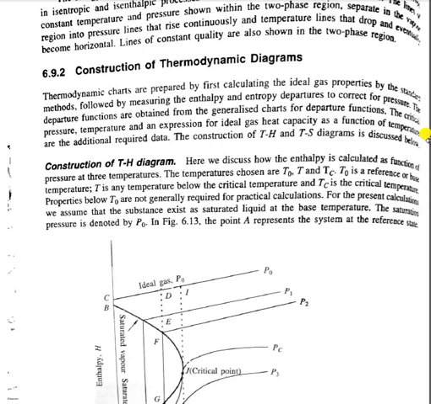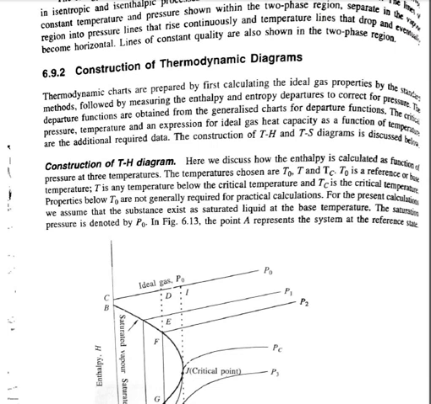So let's see. First, thermodynamic charts are prepared by first calculating the ideal gas properties by the standard method. First you have to calculate the ideal gas properties, which are available in the standard method, followed by calculating the enthalpy and entropy departures to correct for pressure.